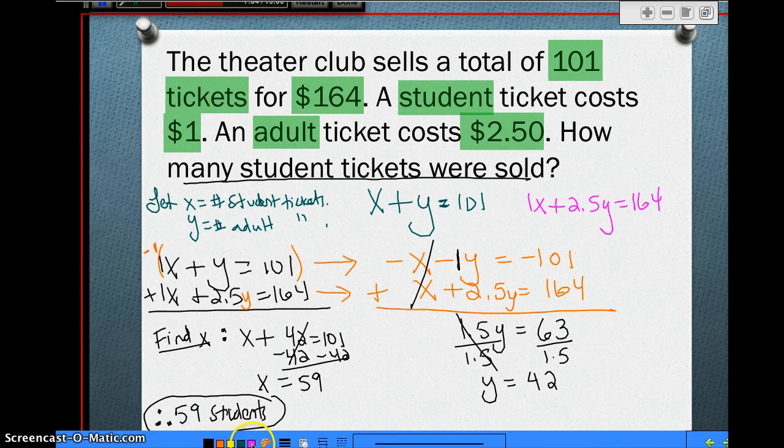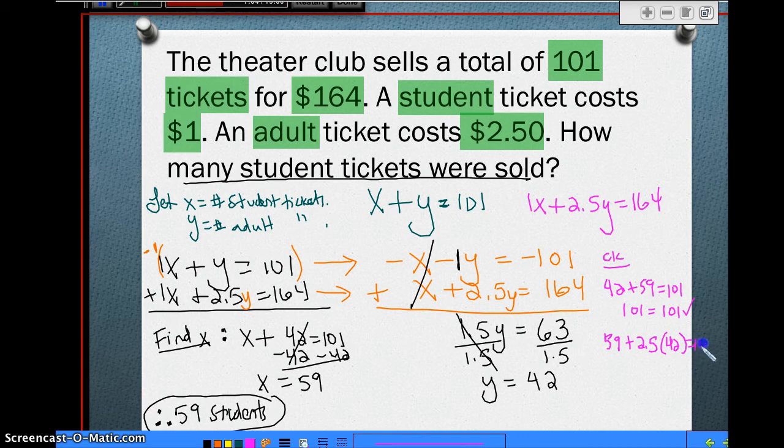So, by doing my checks, see if I can squeeze it in over here. My first check is going to be 42 plus my 59. Does that equal 101? Well, I get 90 plus another 11, which is 101, is equal to 101. So that one checks. The second one is my x, which is 59, plus 2.5 times my 42.